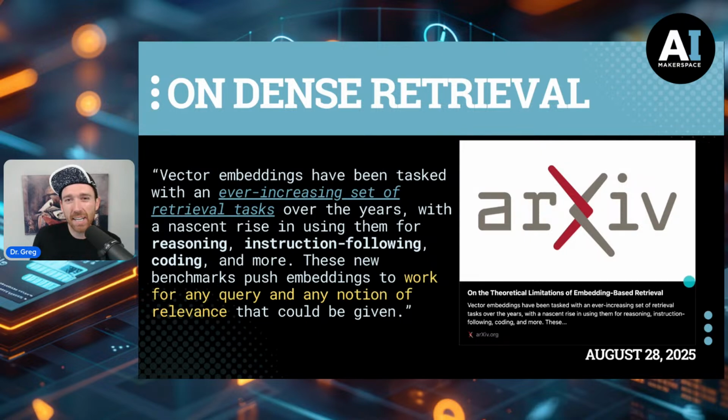And the idea is that as the world has changed and we've gone from simple IR to what we've come to know and love as similarity-based RAG, the retrieval tasks we're actually supposed to accomplish now, from reasoning to instruction following to coding, are not necessarily tasks that classic dense vector retrieval, or dense retrieval as the paper calls it, can do a super great job on. So as we abstract, let's just take note that we shouldn't forget.